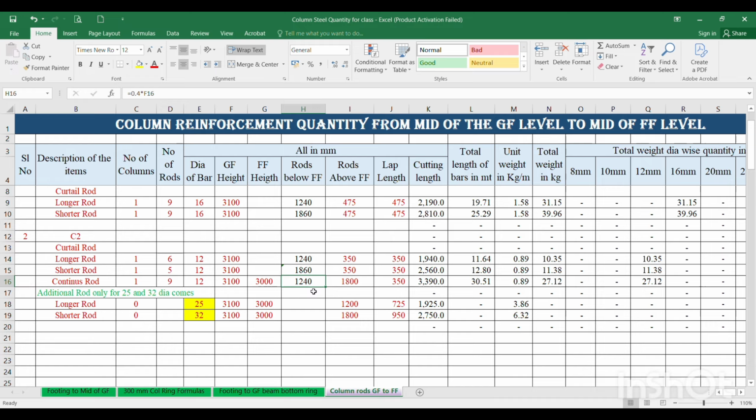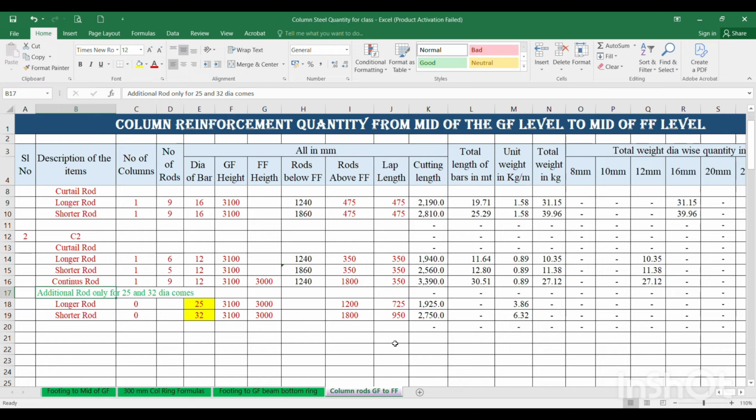Then rods below first floor are 0.4 times of the ground floor height, and above floor is 0.6 times of the above floor level, and one lap length for the below rods. Then this is the cutting length for continuous rods, because for all the continuous rods there will be only one cutting length, because below the floor it is staggered and above the floor it will also be staggered.